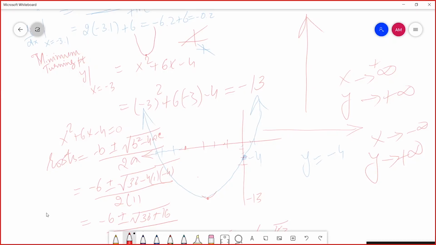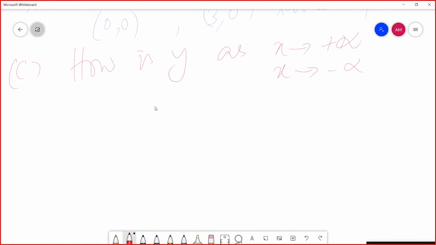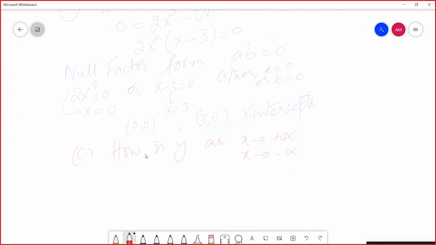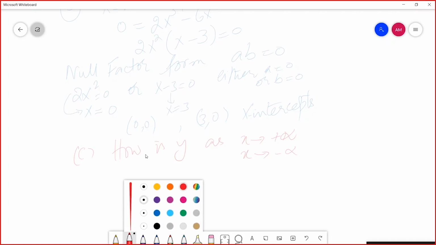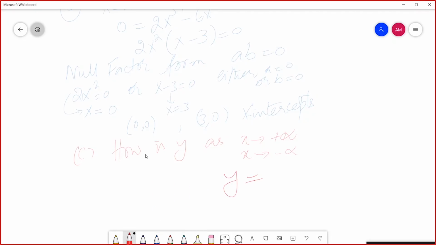So on the basis of this, we would check our question like this. We had the equation y is equal to 2x cubed minus 6x square.